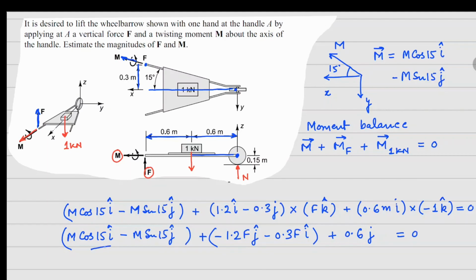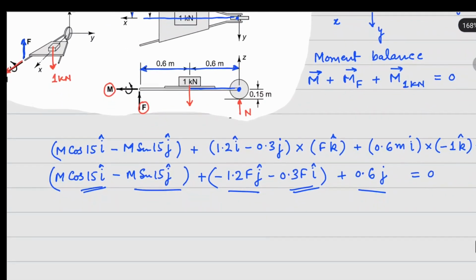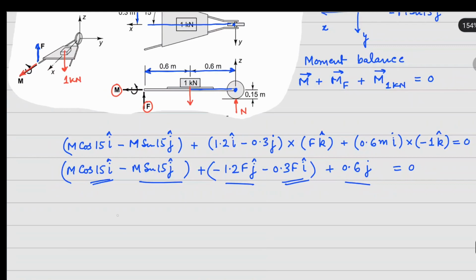So now if you collect the i components together and j components together, we can write down two equations. One is M cos 15 minus 0.3 F equals 0, and the second one is minus F sin 15 minus 1.2 F plus 0.6 equals 0.